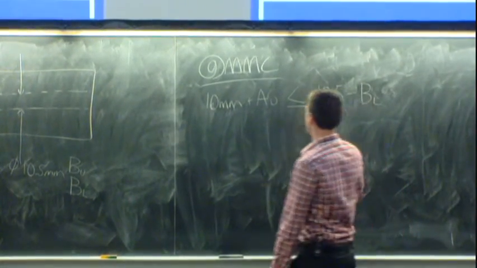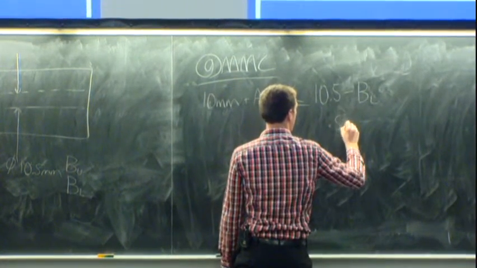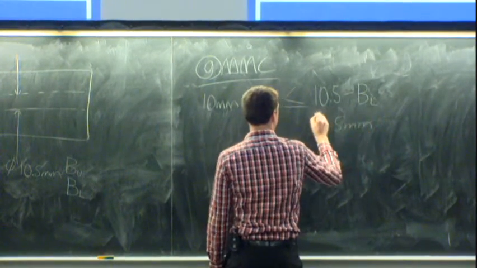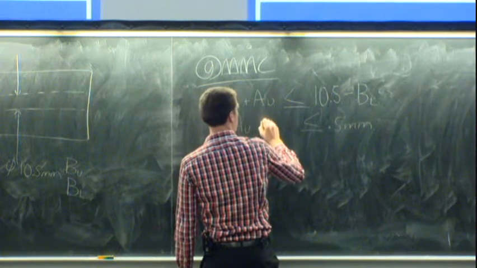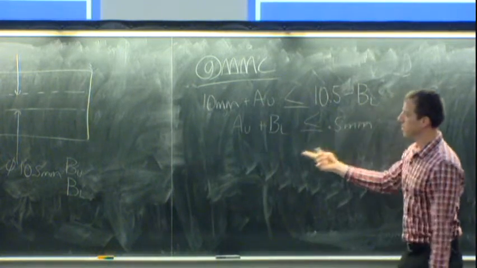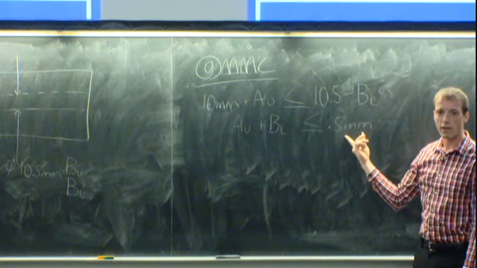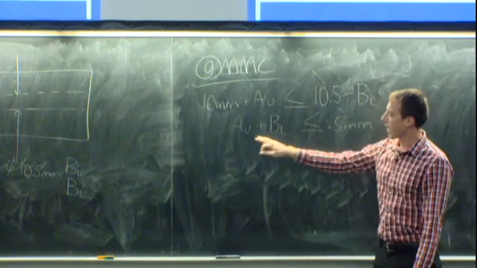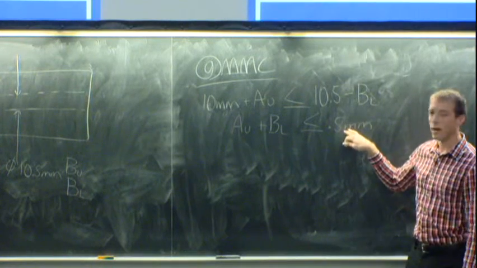So if you do the algebra here, take the 10 across, and you've got 0.5 millimeters. It has to be greater than A upper plus B lower. So what that means is the sum of those two tolerances has to be less than 0.5 millimeter. So I can choose what these tolerances I want them to be, so long as I'm under 0.5 millimeter.